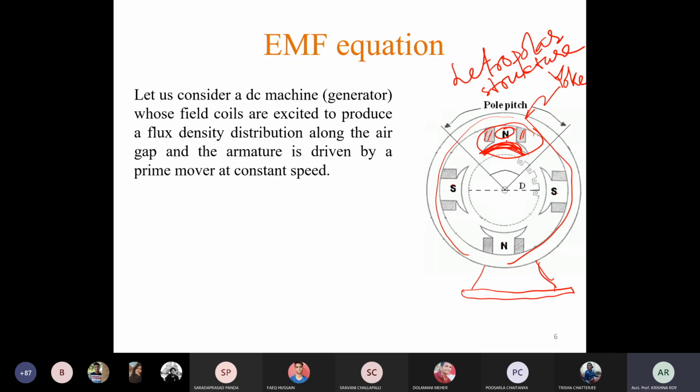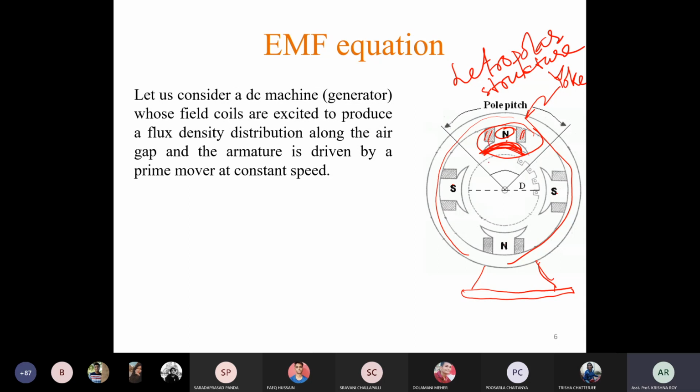If it is a north pole, then this will be south pole, and then again north pole, then again south pole. In this way alternate north south poles will be there, and this type of construction is called heteropolar structure. So when these field coils are excited, north south poles will be induced.